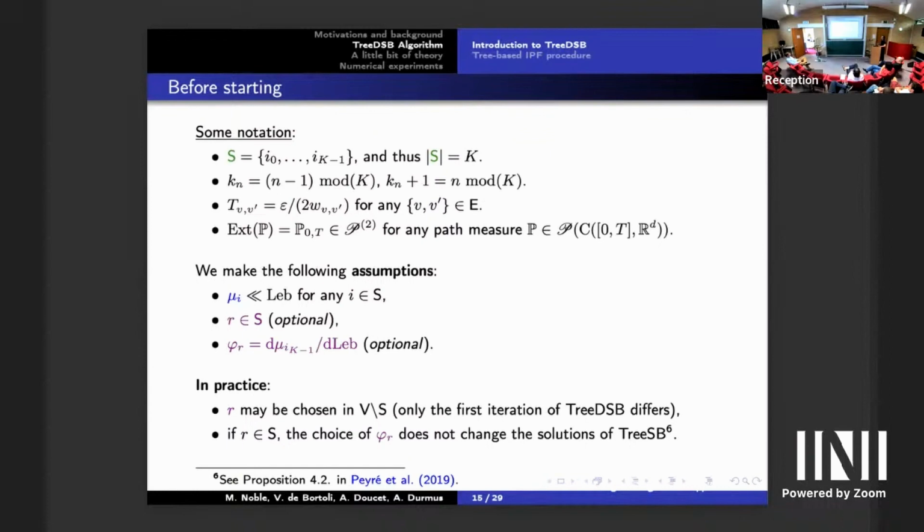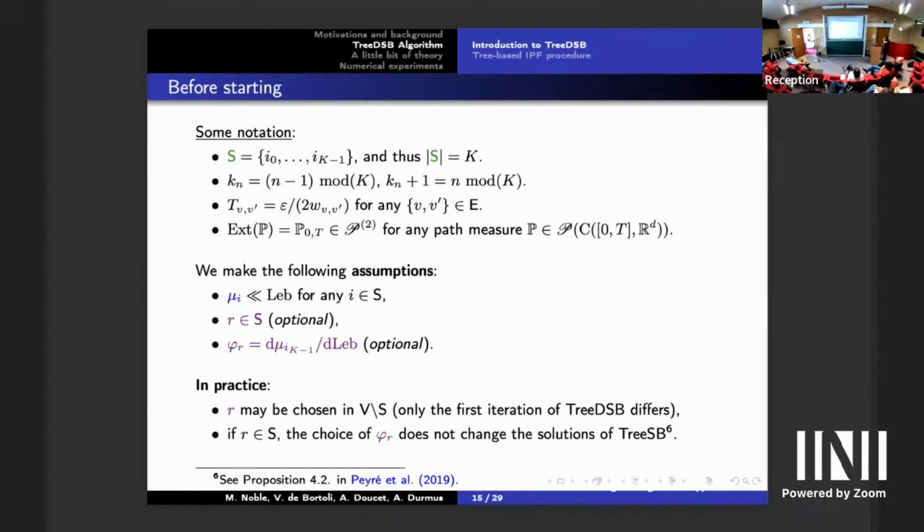So I have a continuous time formulation. To simplify between the continuous time and the discrete setting, I mean the static version and the dynamic version of the Schrödinger Bridge, what I call the operator X is simply taking the coupling at initial time and final time on any time interval 0 to T.